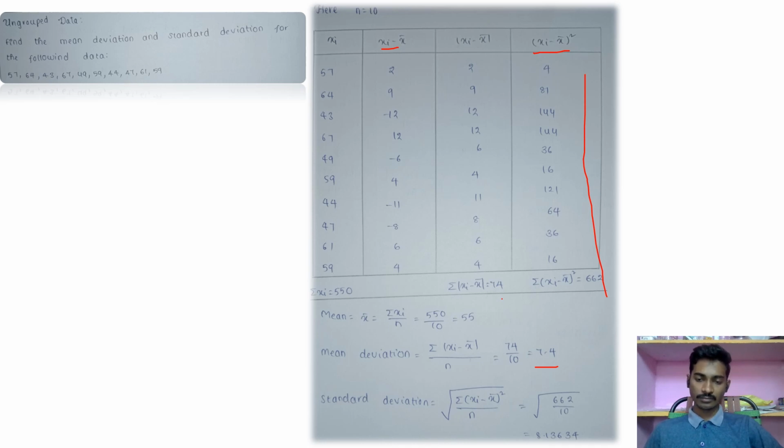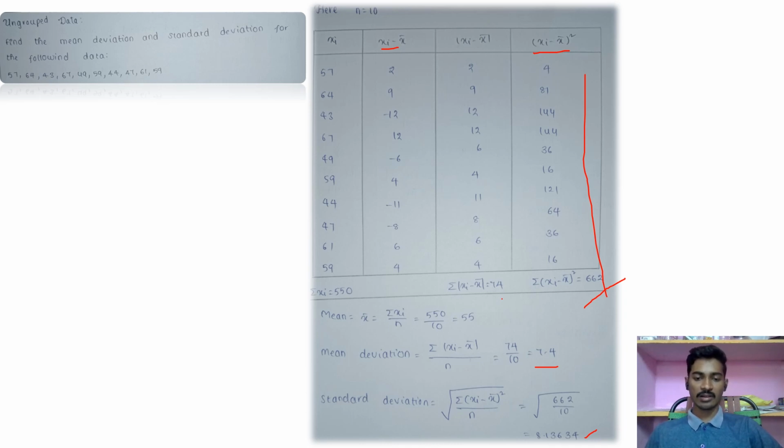Now we add them and get sigma (xi minus x bar) whole square equal to 662. By plugging the values in the formula, we get root over 662 by 10, that is equal to 8.13634. This is the standard deviation for the given data.